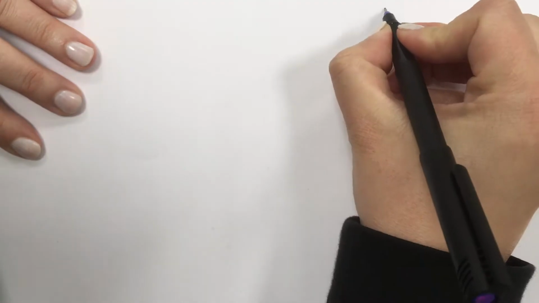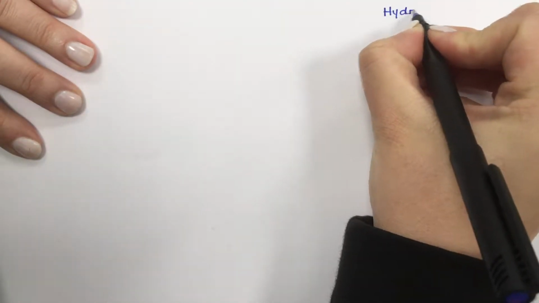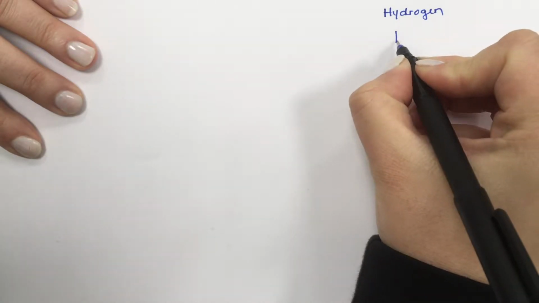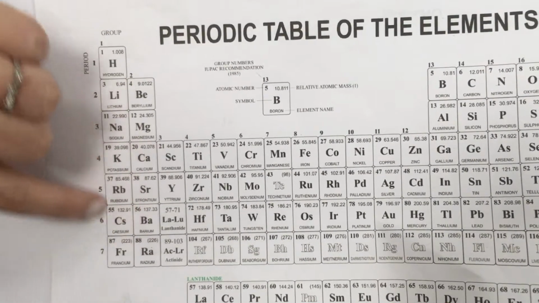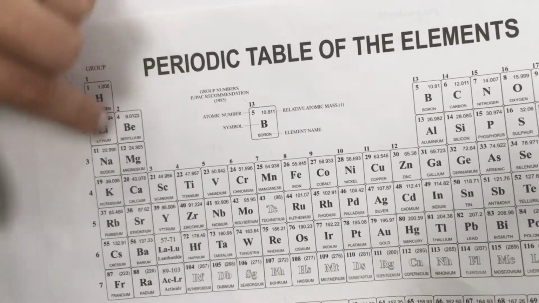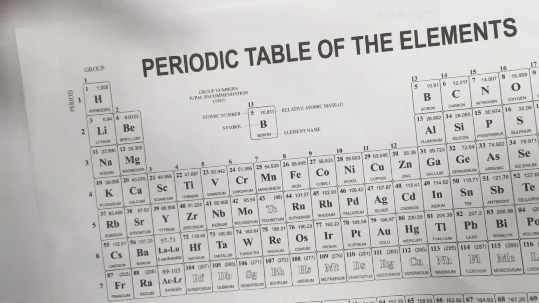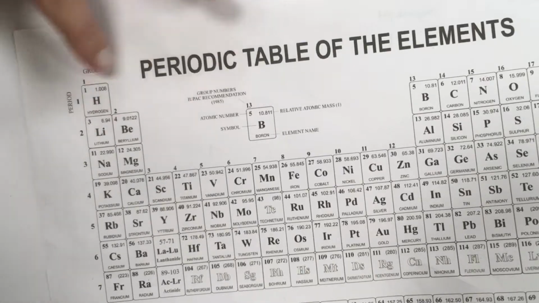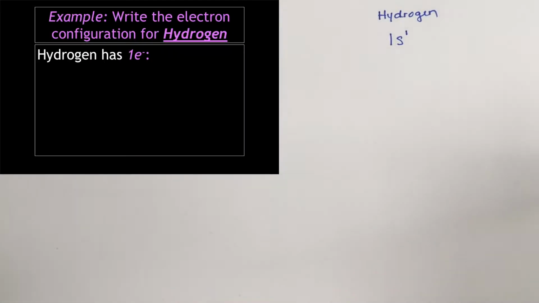So for example, hydrogen is in the first energy level. What block is this? It's in the S block, so 1s. And then which group of that block is it in? It's in the first group, so we write it as 1s1. And that's how you would do hydrogen.